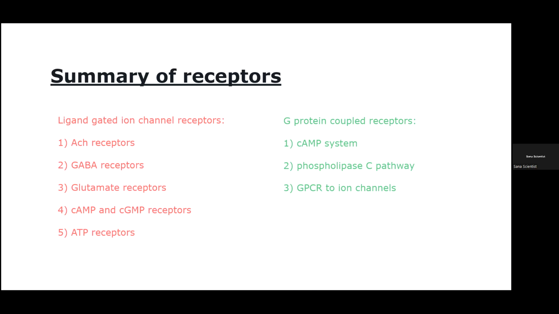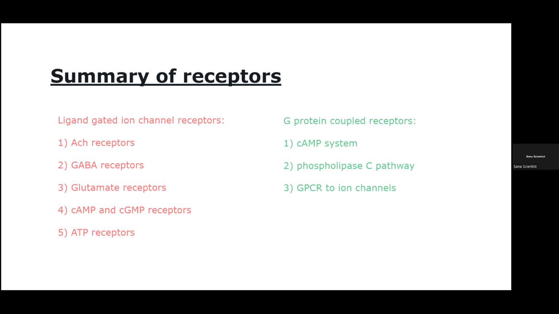And then it's important to know what allosteric site binding is: binding anywhere near the receptor, not on the active site. So it's important to know that when the ligand is not bound, the channels are closed. And when the ligand binds, the channels are open and there is the passing.